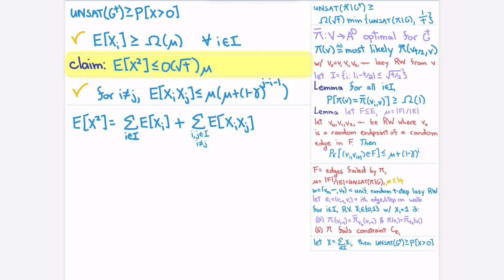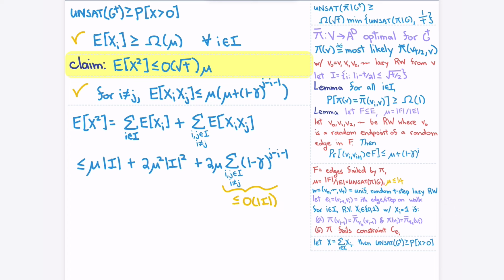We're expanding out, X is the sum of the X_i, and now I'm just plugging in. Okay, as we try to prove the PCP theorem in 13 minutes. All right, so that's nothing too special.